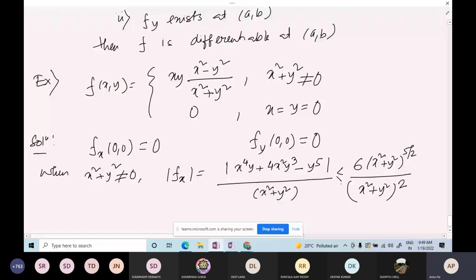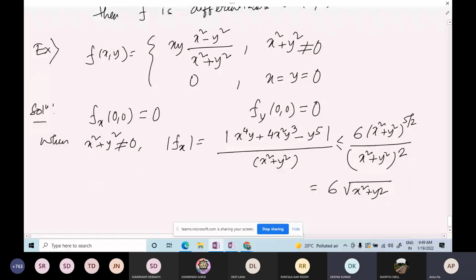Now this is equal to 6 root over x² + y². So we have shown that fx satisfies this inequality.